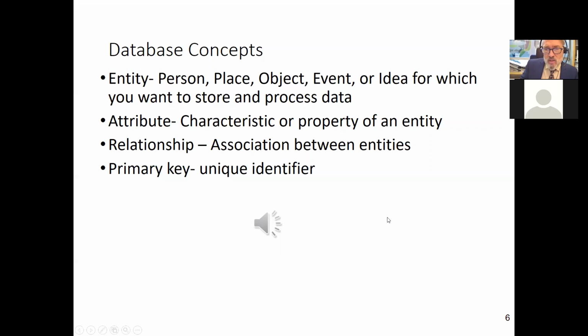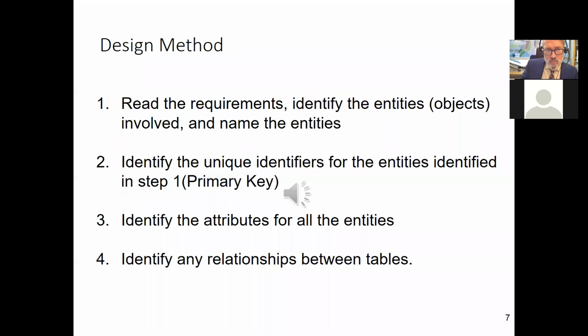Entity relationship modeling, if you want to look into that, just use that as your keywords for searching on it. So that, what I just said, is sort of said here in different words.